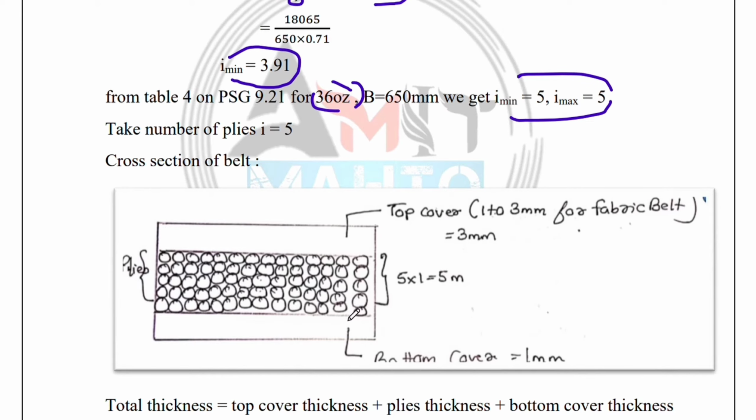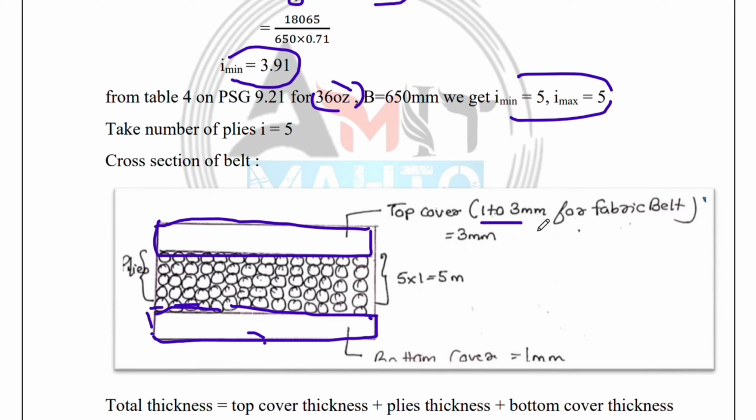Now this is the cross section of the belt. This much is the top cover and this much is the bottom cover. The top cover value is 1.1 to 3 mm for fabric belt, and for the bottom cover the value is 1 mm, and this middle one is the plies.